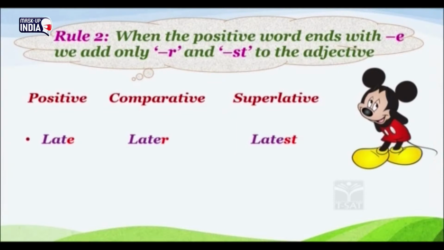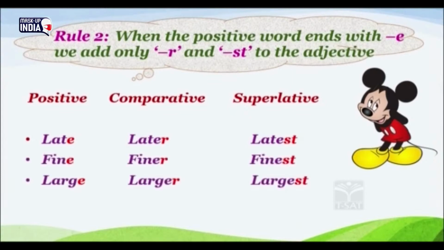For example, the positive word late ends with the letter E, and when it changes to comparative degree, we have to add only the letter R, and when it comes to the superlative degree, we should add only ST. But in the previous rule, we learned that if we add the letters ER, it becomes comparative.